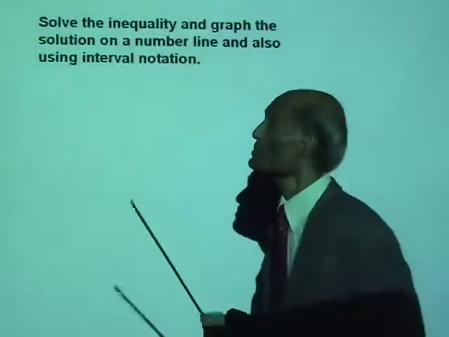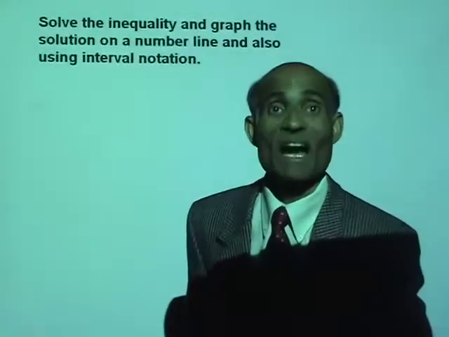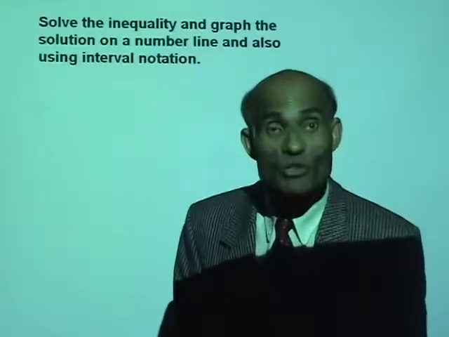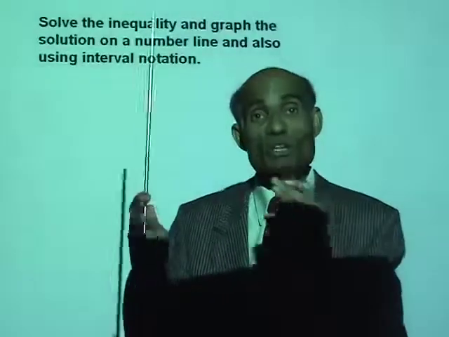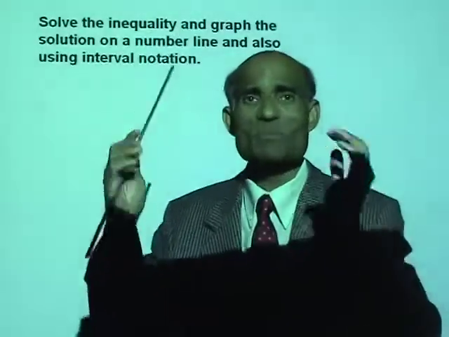Alright, let's do a simple problem now. Solve the inequality and graph the solution on a number line, and also give the solution using the interval notation. I hope you understand the interval notation by now.